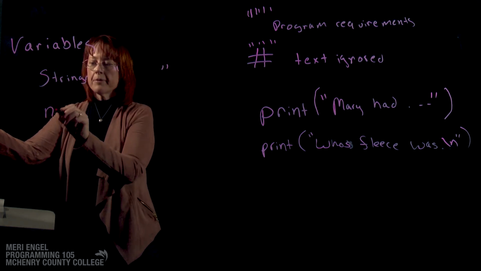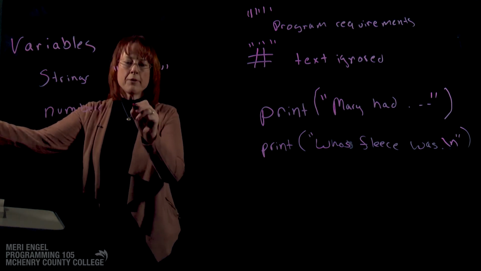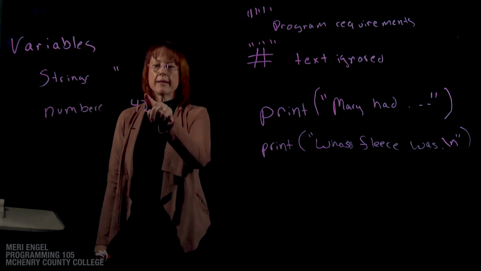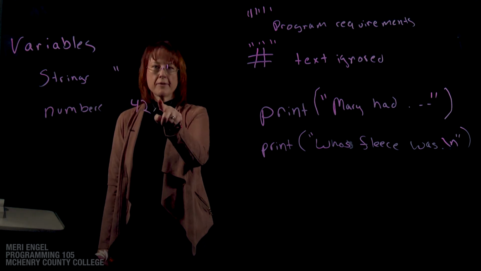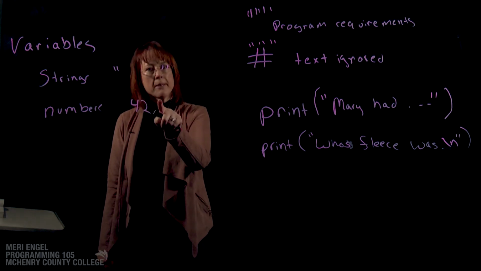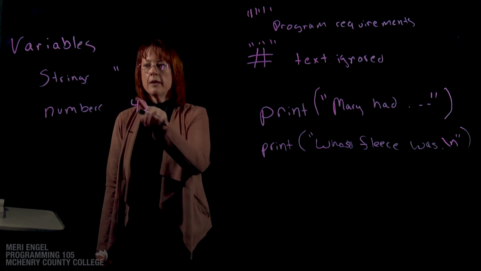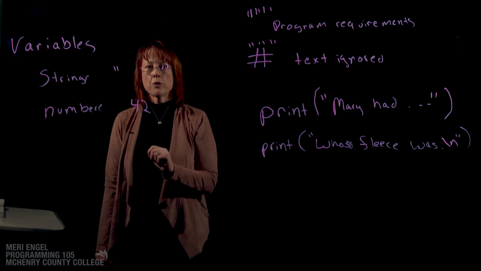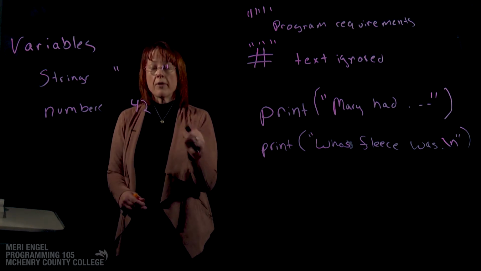You can have numbers, which can be in quotes if they're a string as well. If we put quotes around the number, it would be taken as text or a string. We wouldn't be able to do math with it unless we converted it to a number. So these are the first 2 types of variables that we're going to work with. And for this program, we're only going to be working with strings.